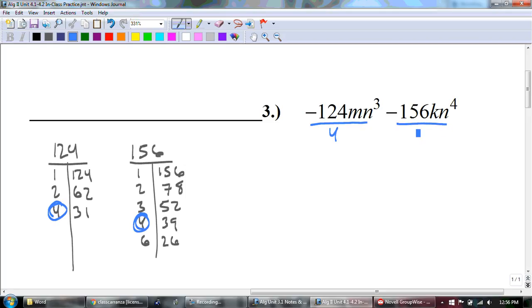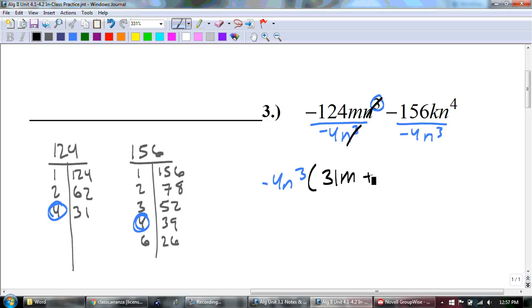Now, what type of 4 is it going to be? Good, negative. Now, m, they don't share an m, but they do share an n, and the smallest one is cubed. So I have negative 4n cubed, and then negative 124 divided by negative 4 is 31. m, and then my n's cancel.